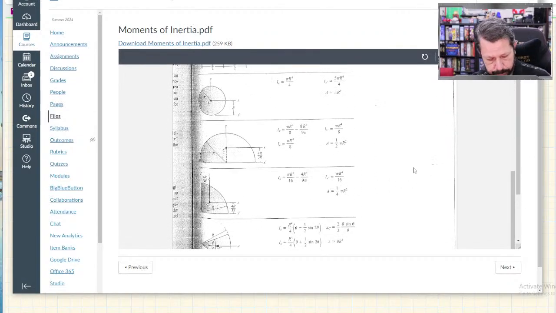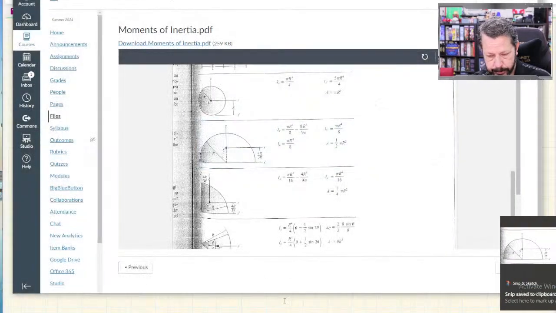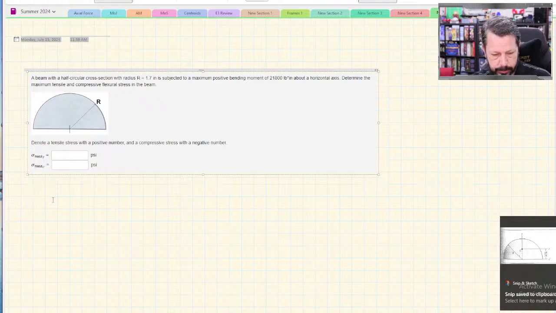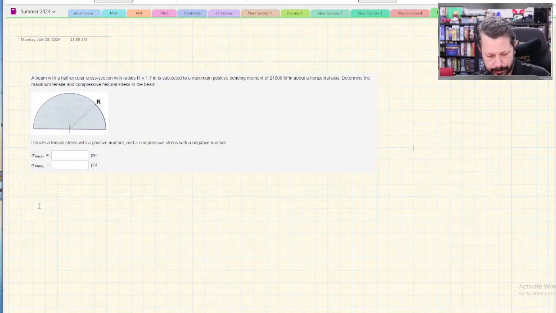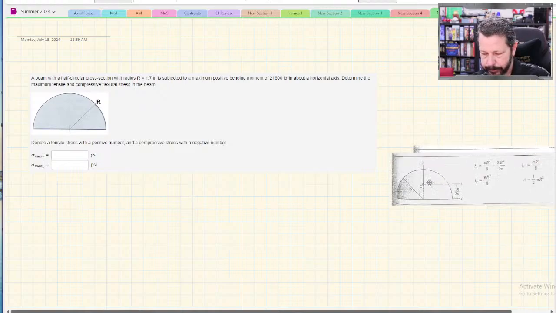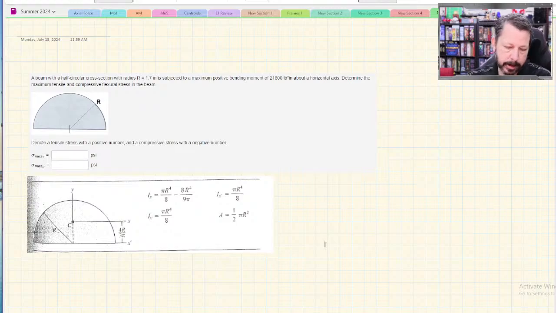And there's a half circle. Whoops. Oh, what is it doing? It's stuck on. There we go. All right. We can make that a little larger.